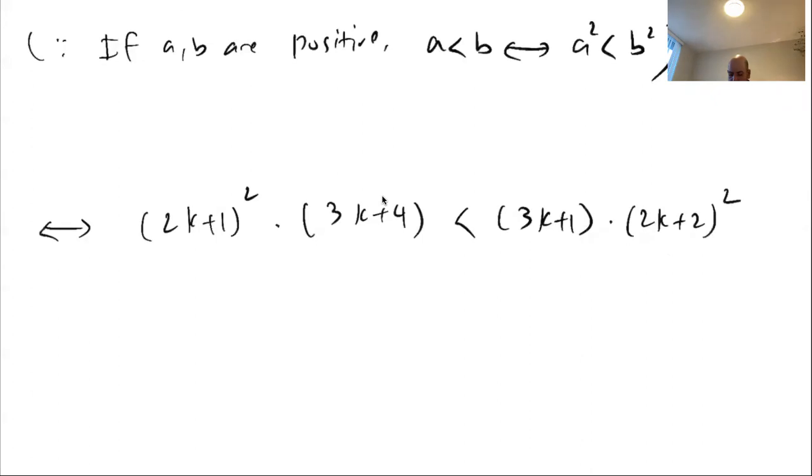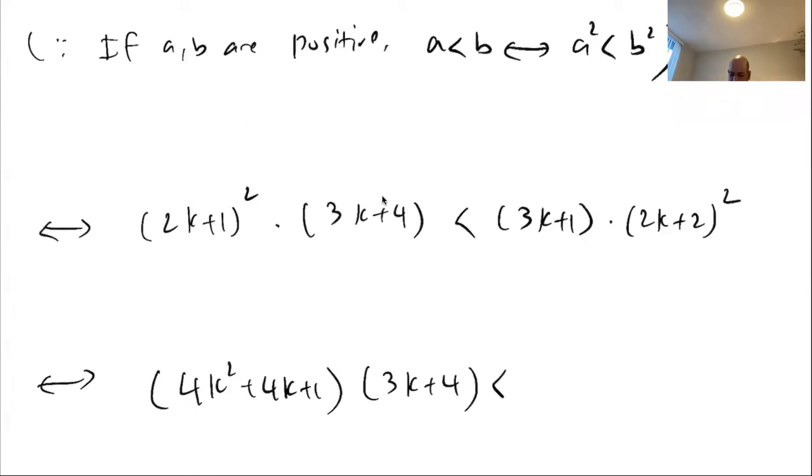And then this one is equivalent with saying that, let's just do some algebra. (2k plus 1) the whole squared is 4k squared plus 4k plus 1, times (3k plus 4), less than (3k plus 1) times (4k squared plus 8k plus 4).